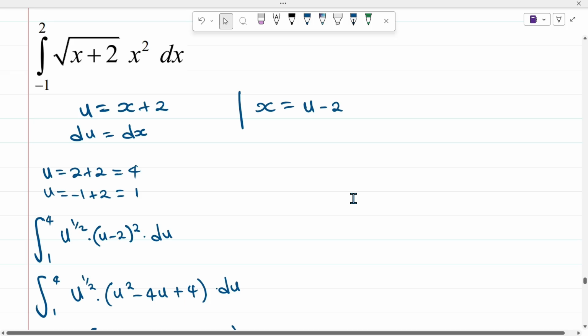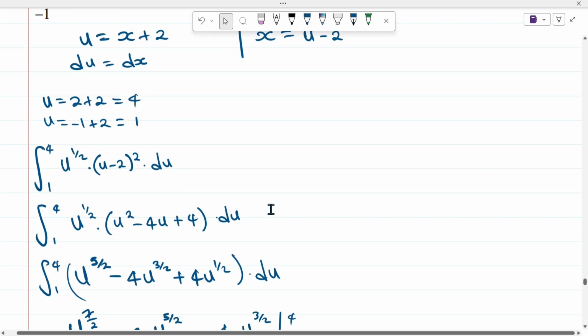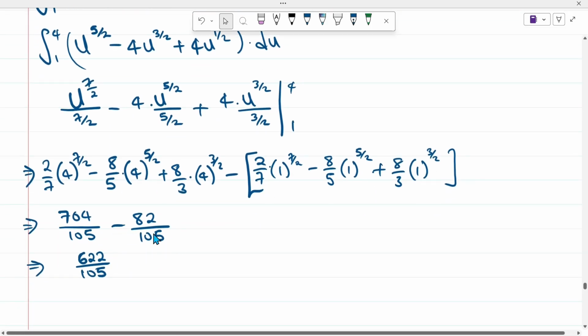So let me verify if I didn't make a mistake. I'm verifying there on my calculator. Okay, it seems like I made a mistake somewhere, either here or there. So let me repunch this on the calculator.